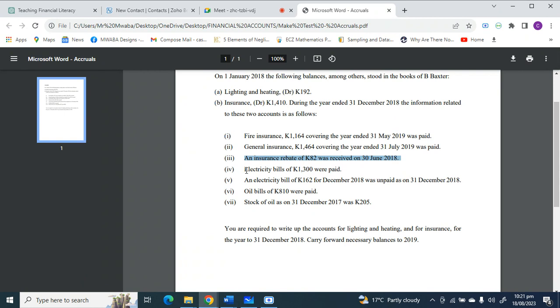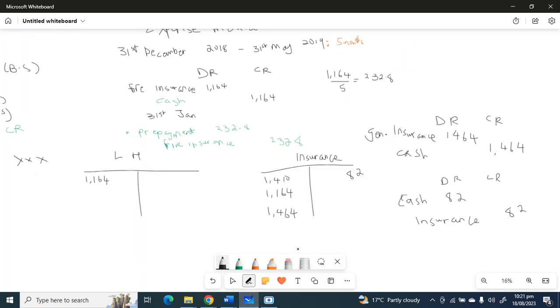Yes, for the insurance account, those are the only transactions because the remaining ones are for the lighting and heating. So we can get the balance for the insurance account. As always, you add up both sides, debit and credit. So let's add them up.